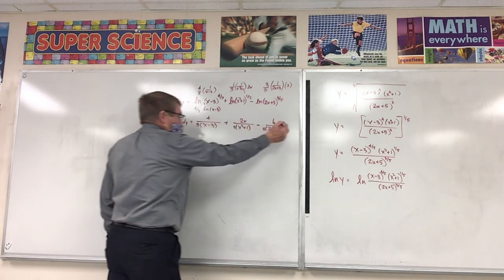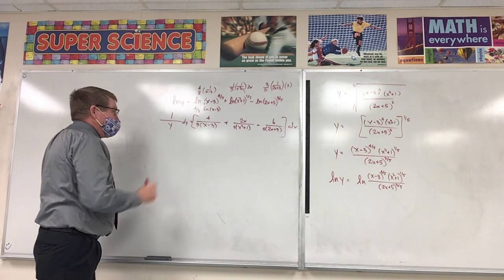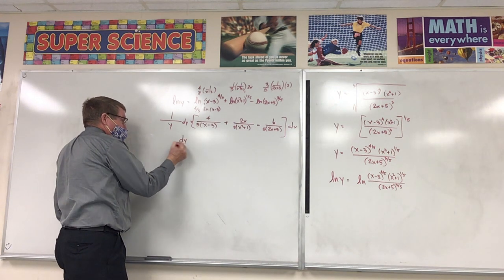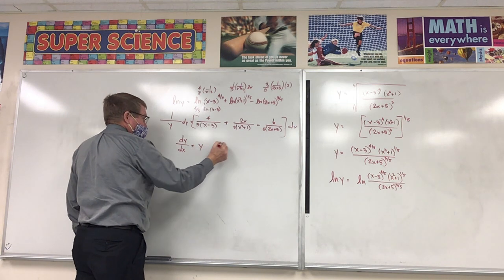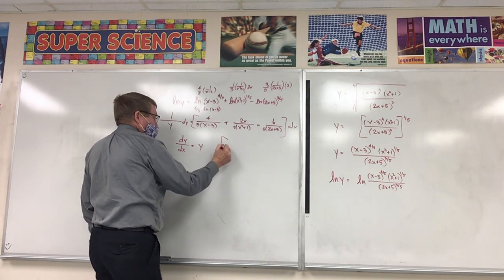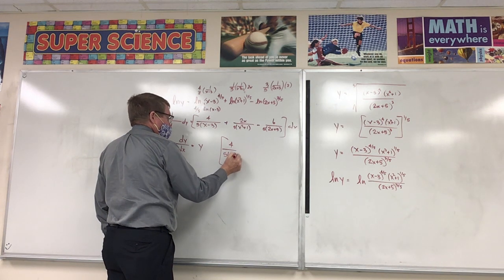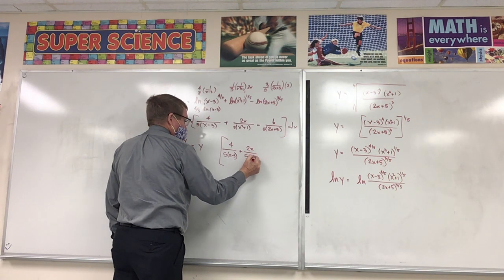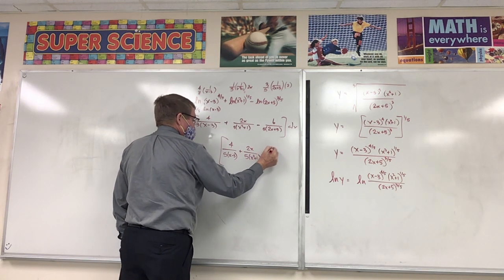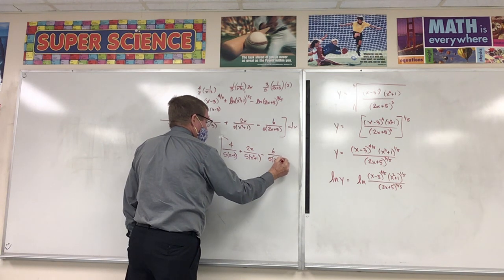And remember, this is all over dx. Divide by dx: dy over dx equals y times 4 over 5 times x minus 3, plus 2x over 5 times x squared plus 1, minus 6 over 5 times 2x plus 5.